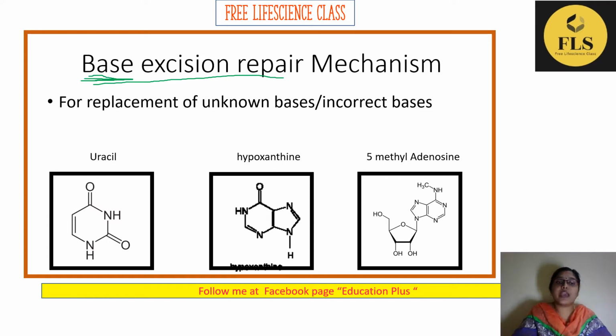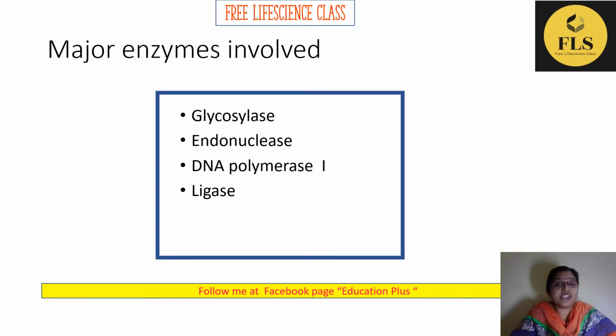We have to remove a single base, not more bases. Only a single base is removed in base excision repair. Let's move into the major enzymes involved in this machinery.